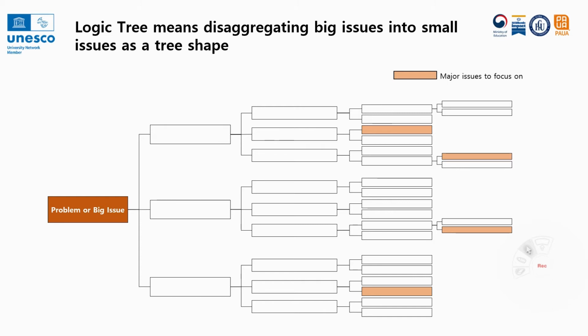it's better for you to disaggregate the issues in the shape of a tree. So if you look at the picture on this slide, on your left hand side there's a problem or big issue, and then you want to disaggregate the big issue into small issues in the right hand boxes, in 3 right hand boxes.